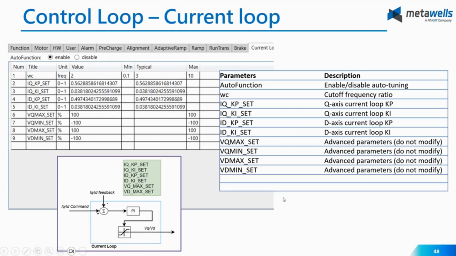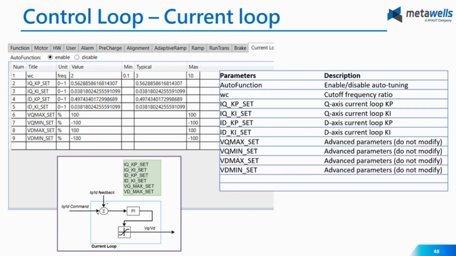Okay, so let's take a look at the current controller. Let's check this diagram. This is basically a classic PI controller with saturation, a traditional PI controller with saturation limits added here.